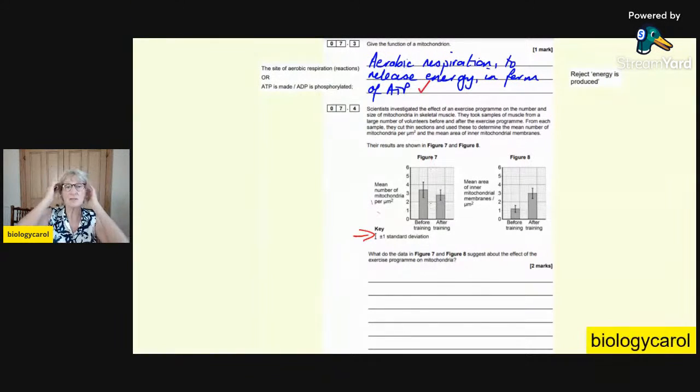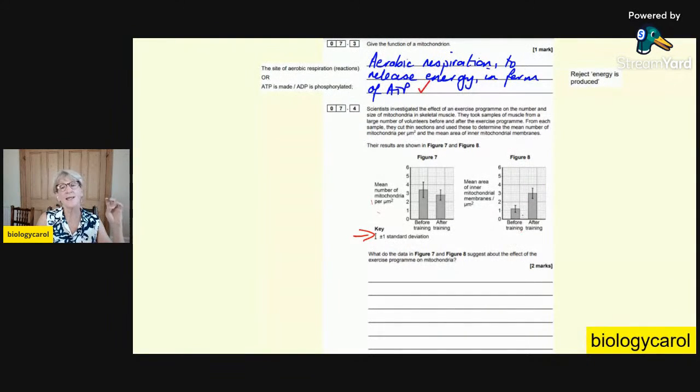Well, figure 7 tells us, because these standard deviation bars overlap, it says that there is no significant difference between the number of mitochondria before and after training. However, because these standard deviation bars don't overlap, that tells us that the difference in the area of the inner mitochondrial membrane is a significant difference before and after training.